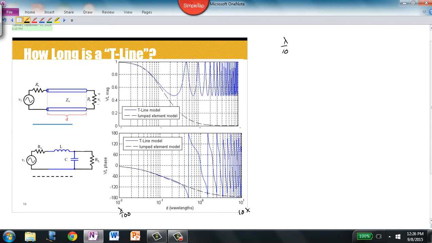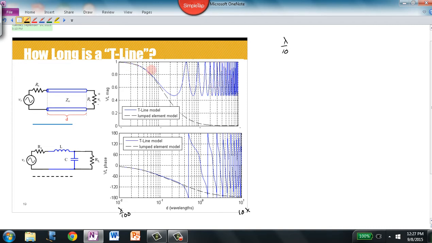And using the more advanced transmission line model, what we see is that at low lambda, all this voltage gets delivered to the load, 100% of the voltage gets delivered to the load, and there's no phase shift. And according to transmission line theory, that stays pretty much true. And then what happens is, as the transmission line gets longer and longer as compared to wavelength, we get this oscillatory behavior.